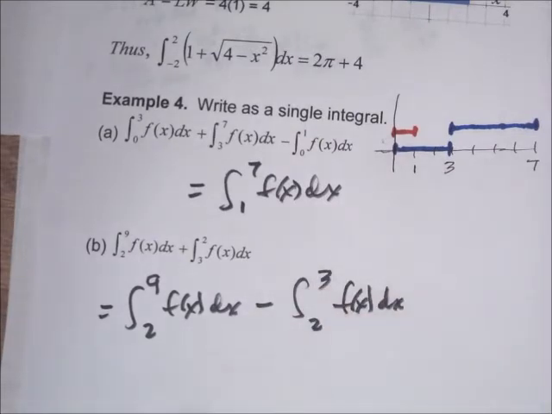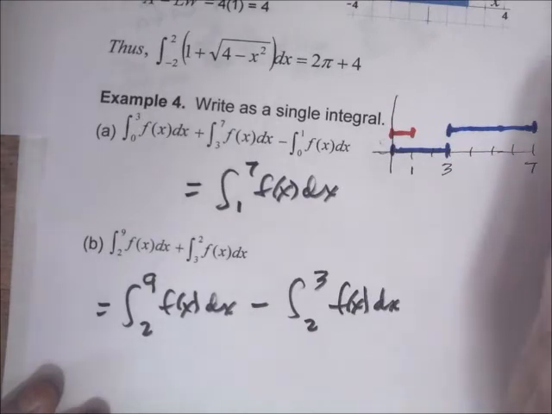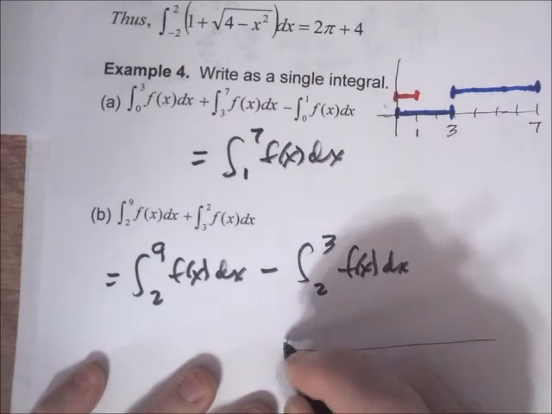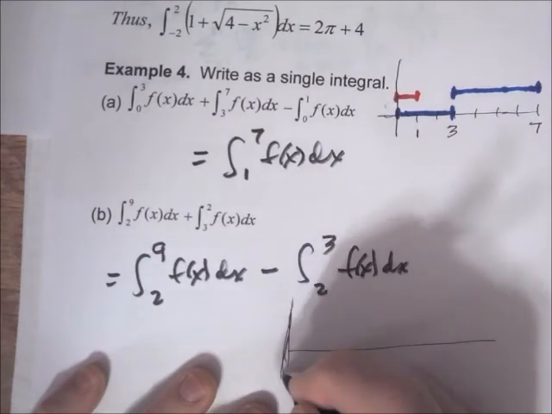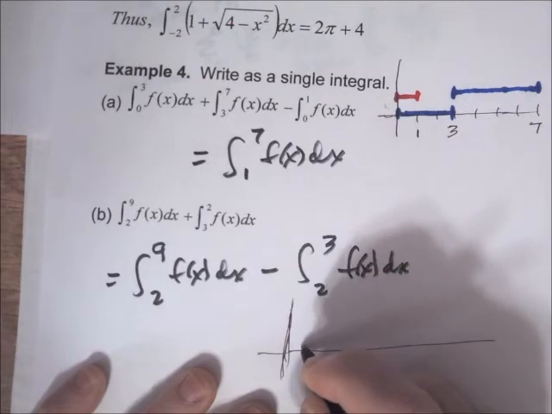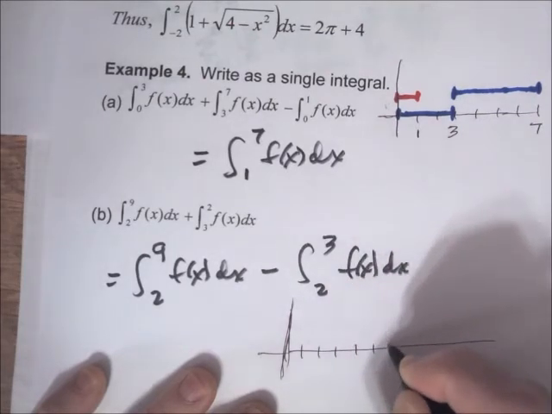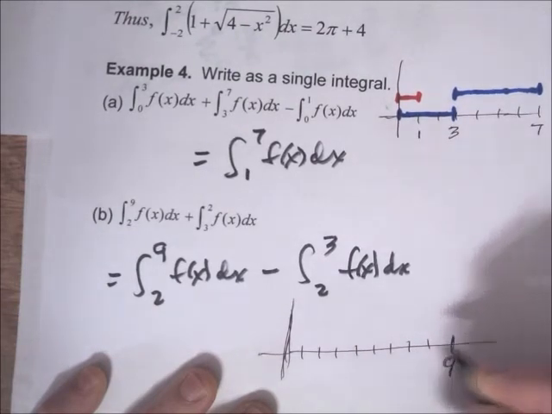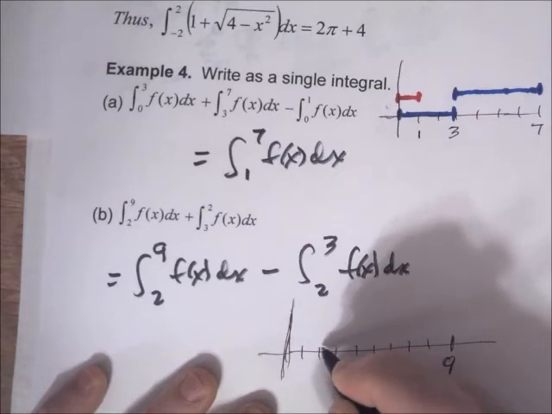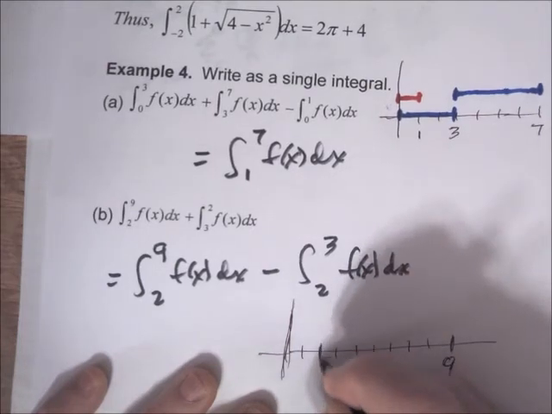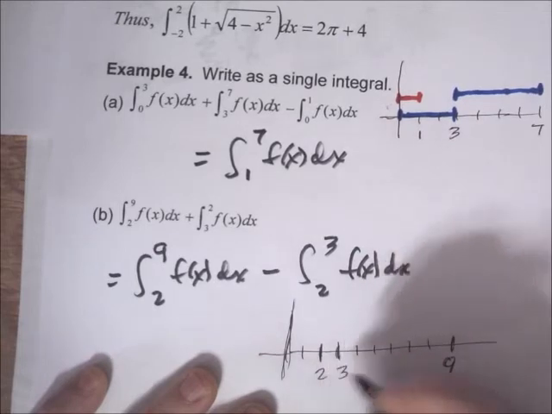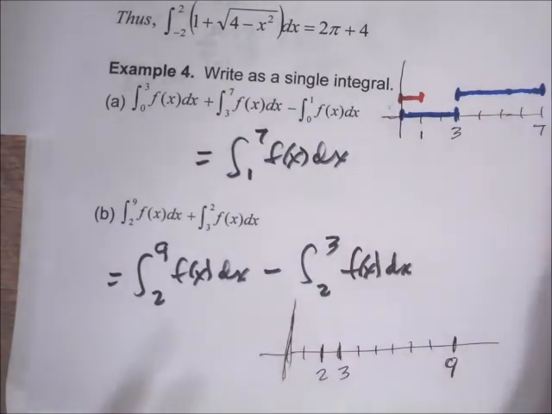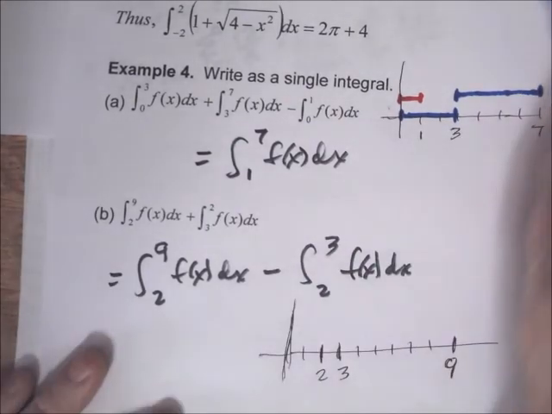Let's see, we'll have 1 to 9, counting 1, 2, 3, 4, 5, 7, 8, 9. And we have 2 to 9, and 2 and 3. So in blue, I'll put the integral from 2 to 9.